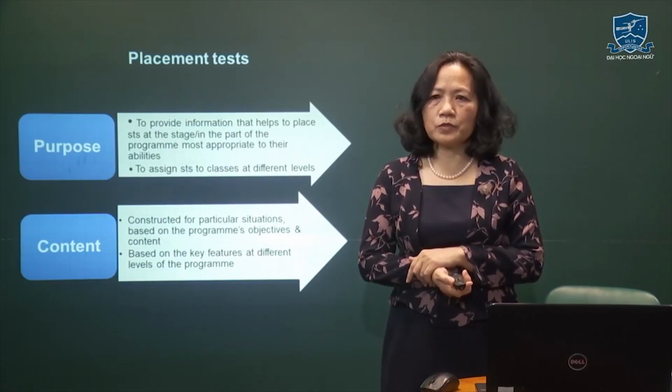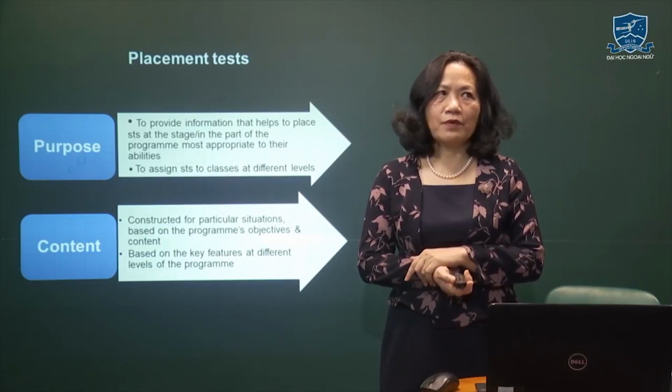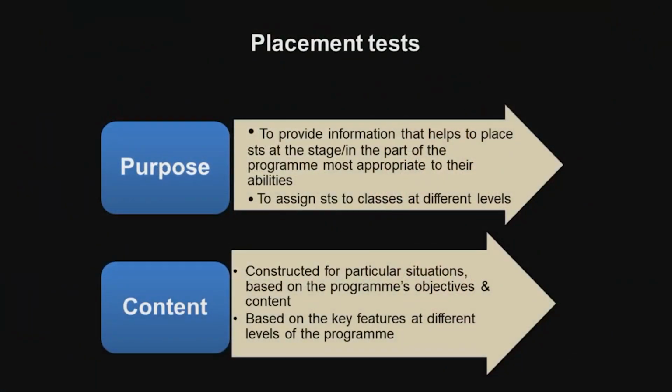The same groups of students may be classified according to their levels of ability, and we have A1 class, A2 class, something like that, to assign them to different classes. The content of this type of test is usually chosen for particular situations based on the program's objectives and content.